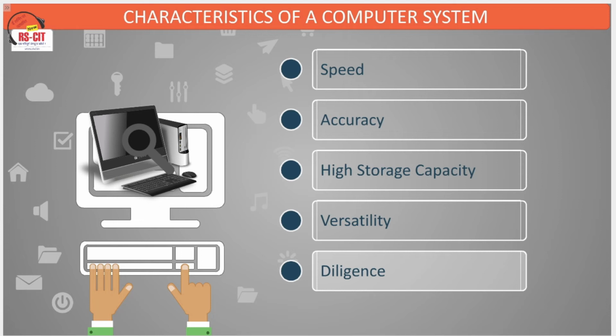In an unanticipated situation, the computer cannot take any decision on its own. The sequence of instructions cannot be changed by the computer. It has no IQ, that is, intelligence quotient.